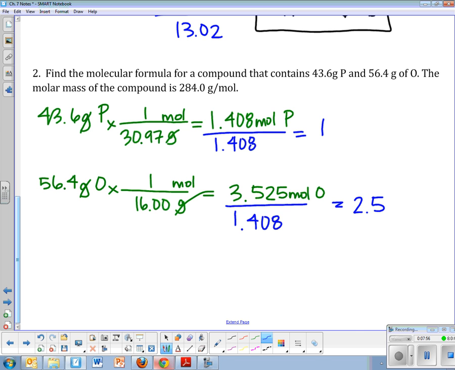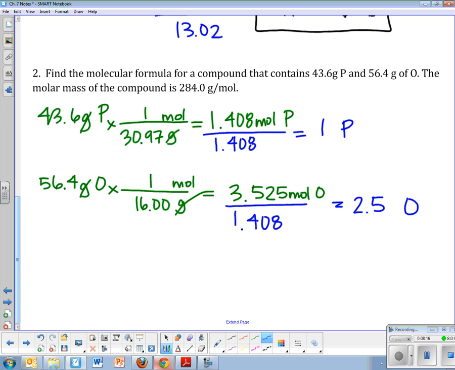So what this tells me is my ratio: for every 1 phosphorus, there's 2.5 oxygens. Well, we can't write those numbers as subscripts. We have to have whole numbers. So what could I multiply them both by to get a whole number ratio?